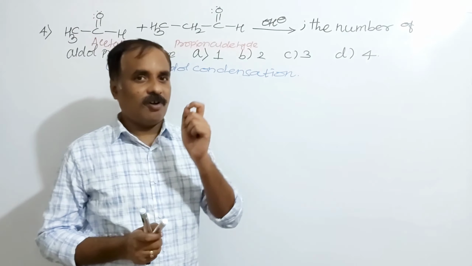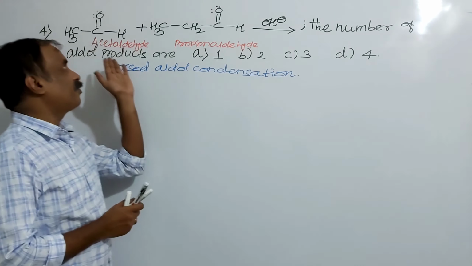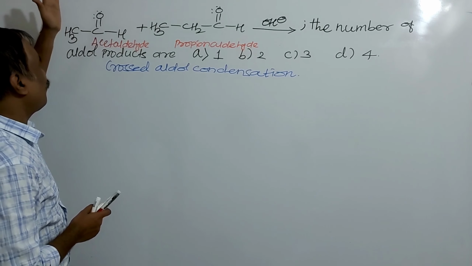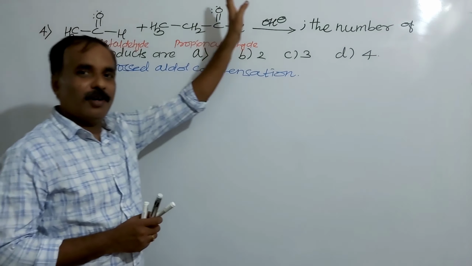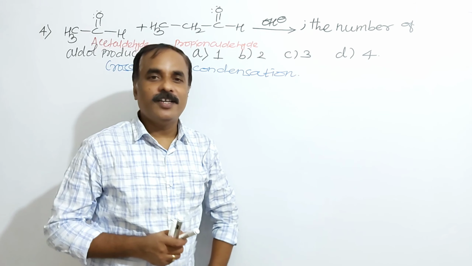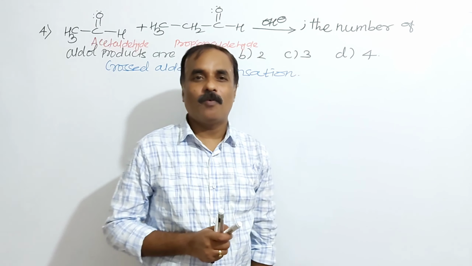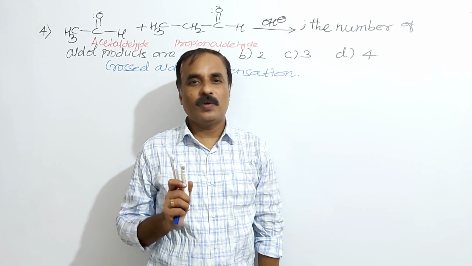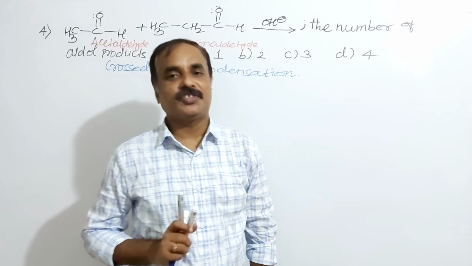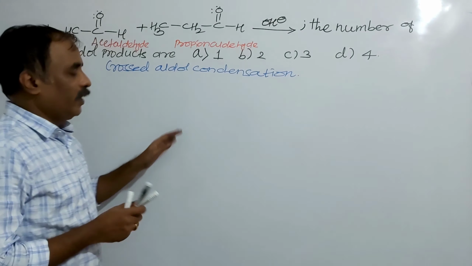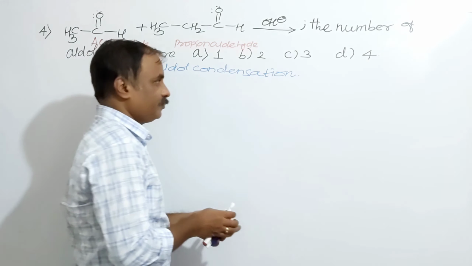And in crossed aldol condensation, here is condensation of acetaldehyde with propionaldehyde. When small molecules like water and alcohol, methyl alcohol, ethyl alcohol, are given out, that is condensation. Now here my answer is 4.